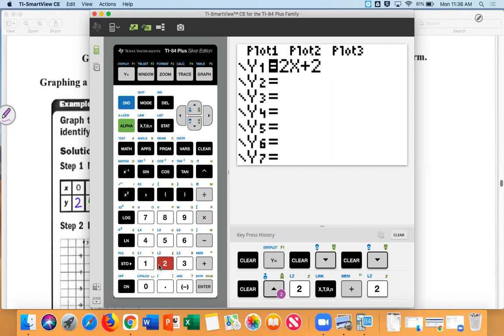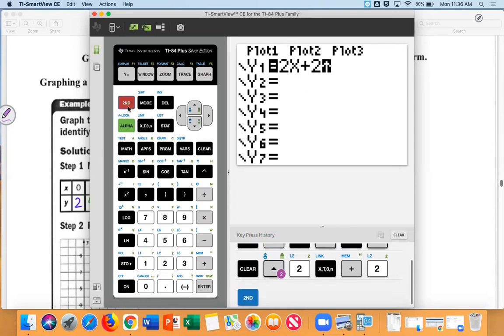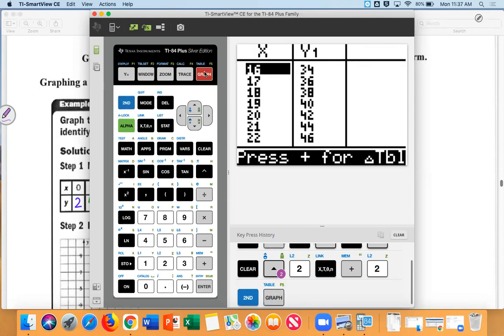First things first, I am trying to create a table. Everybody hit this blue button. It might be a different color for you. It says second. Everybody find it? Then hit graph, in the upper right. Notice right above the word graph it says table, in blue. Any of the blue functions I want, I can access by hitting that second button first. Notice it pops up a table.